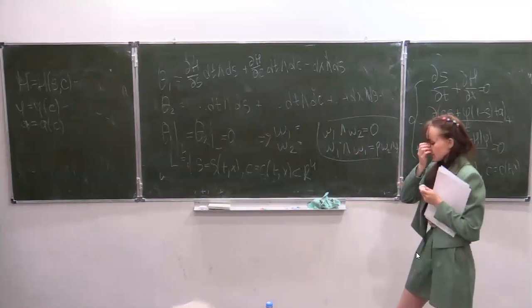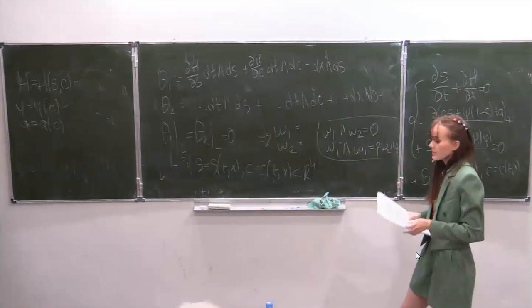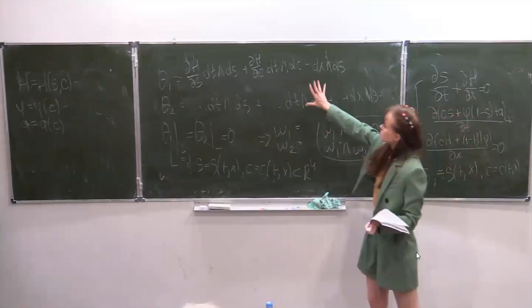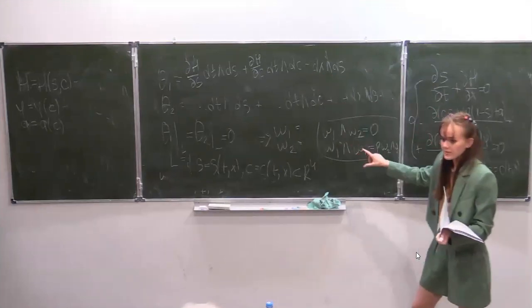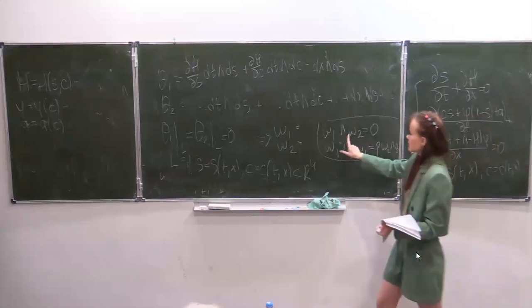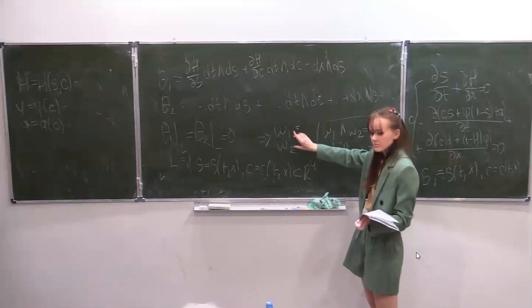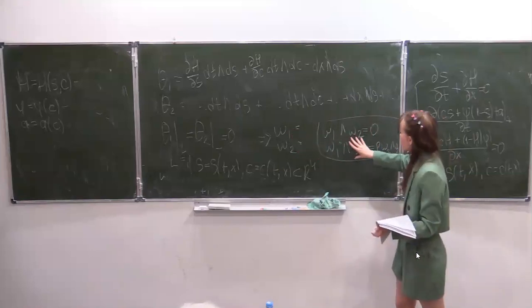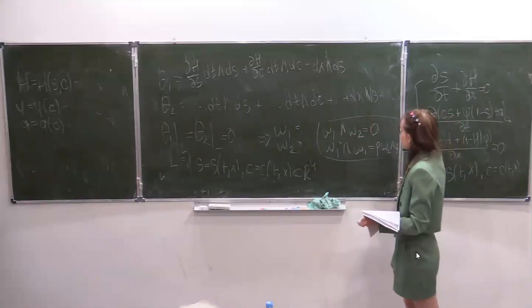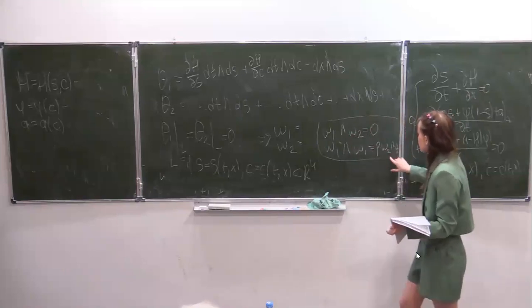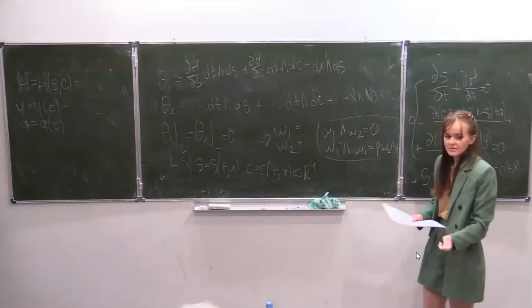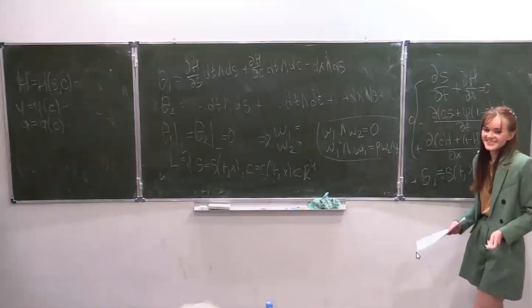We take the new form equal to this linear combination of old forms, and we require this condition to be satisfied.